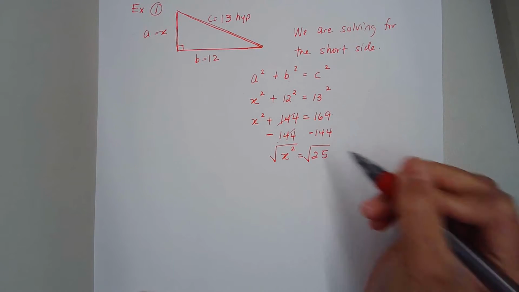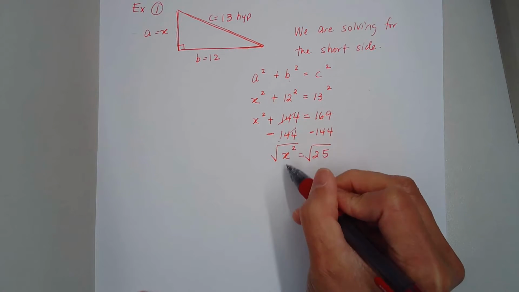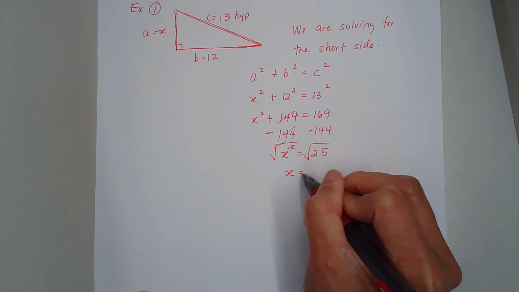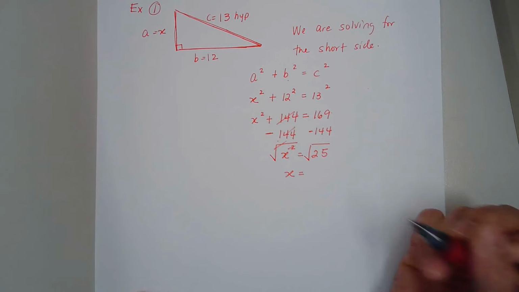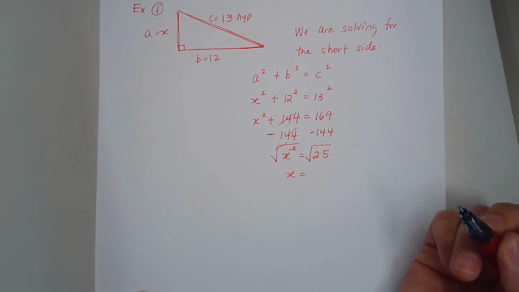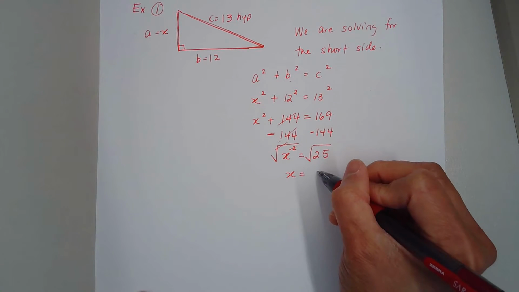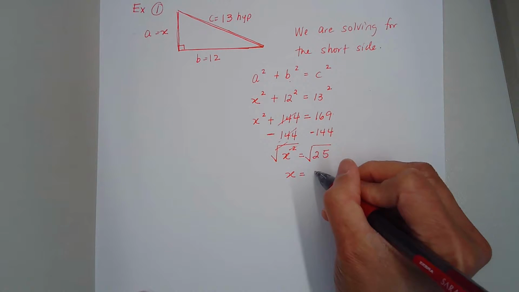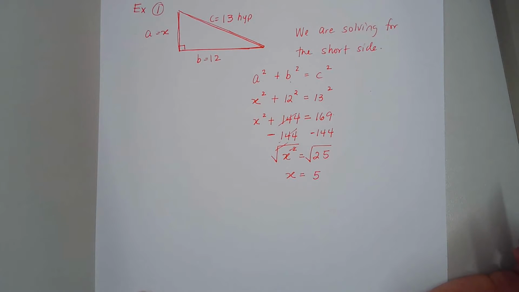So the square root of x squared, that gets rid of the square. So x. And the square root of 25 is 5.